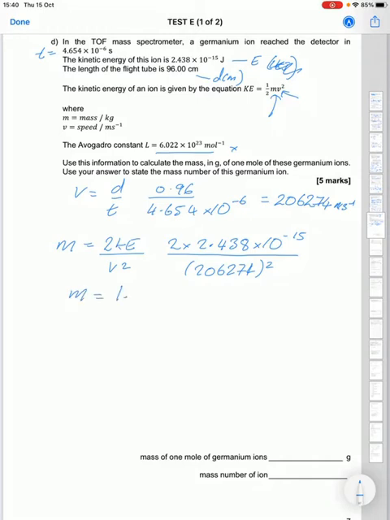So the mass there then is 1.146 times 10 to the minus 25 kilograms.